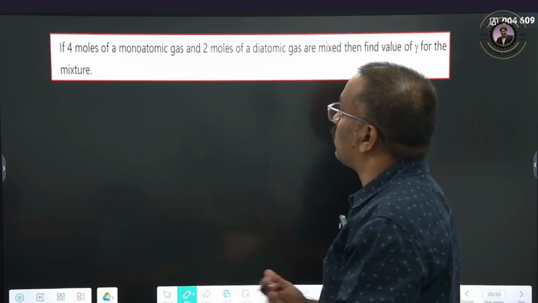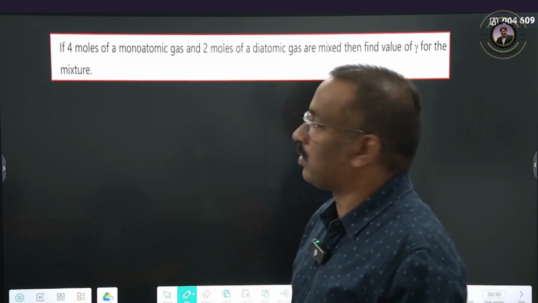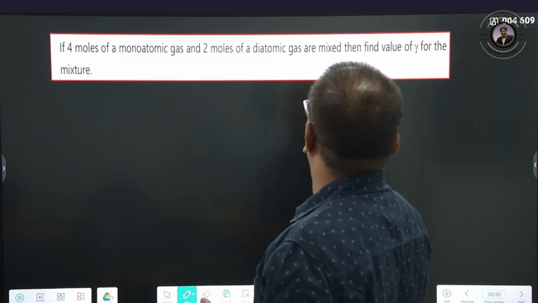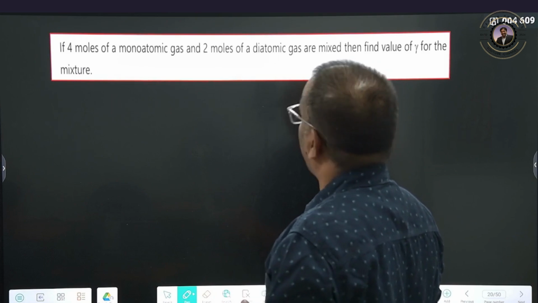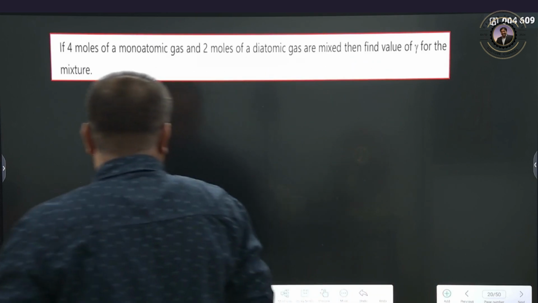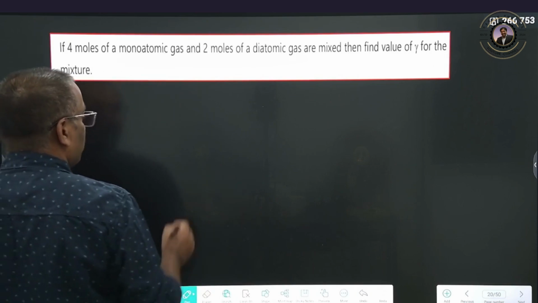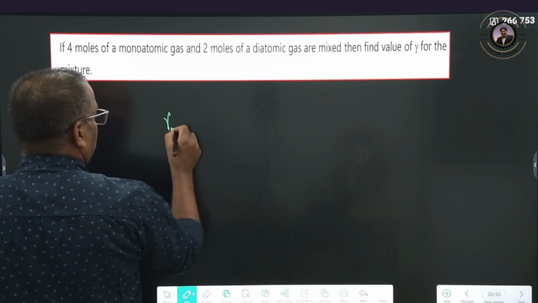So 4 moles of monoatomic gas and 2 moles of diatomic gas are mixed. Then find the value of gamma of the mixture. I already discussed gamma of a mixture.